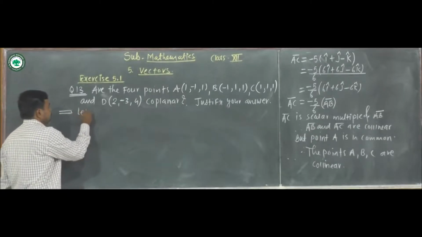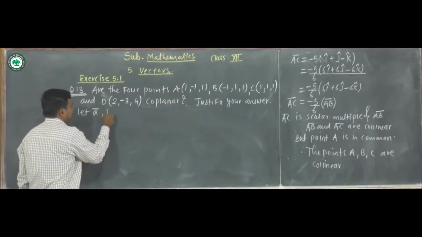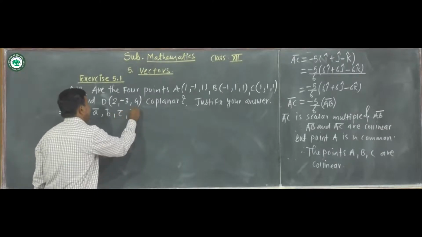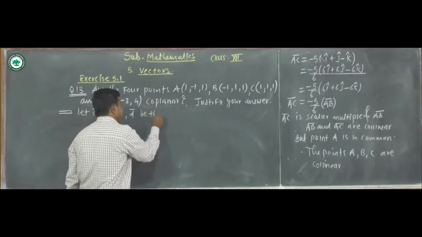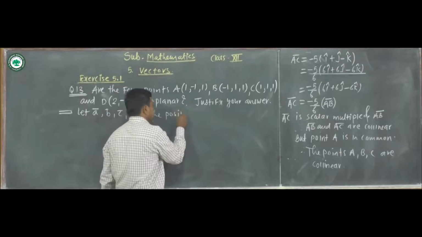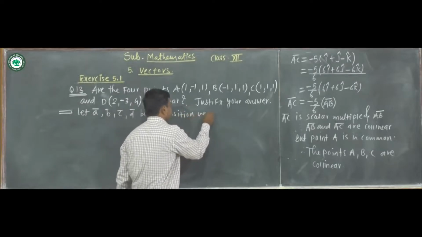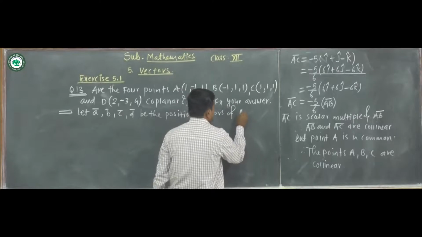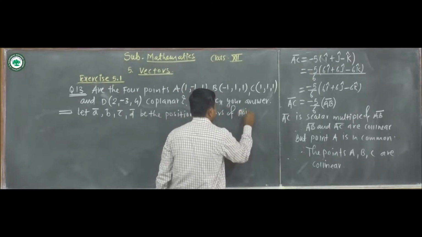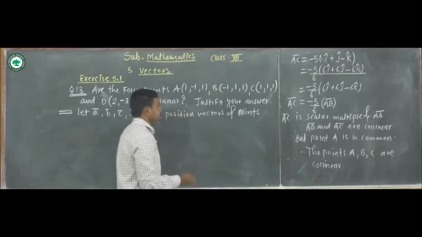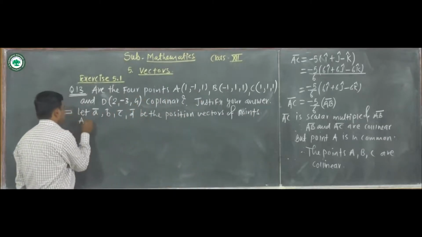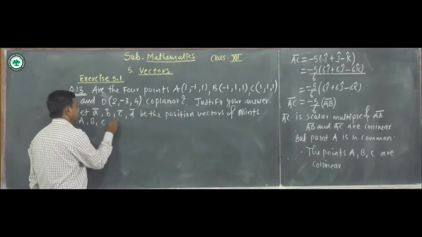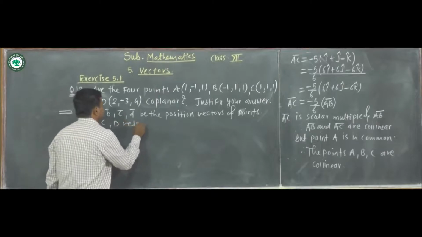Let a bar, b bar, c bar and d bar be the position vectors of points A, B, C, D respectively.